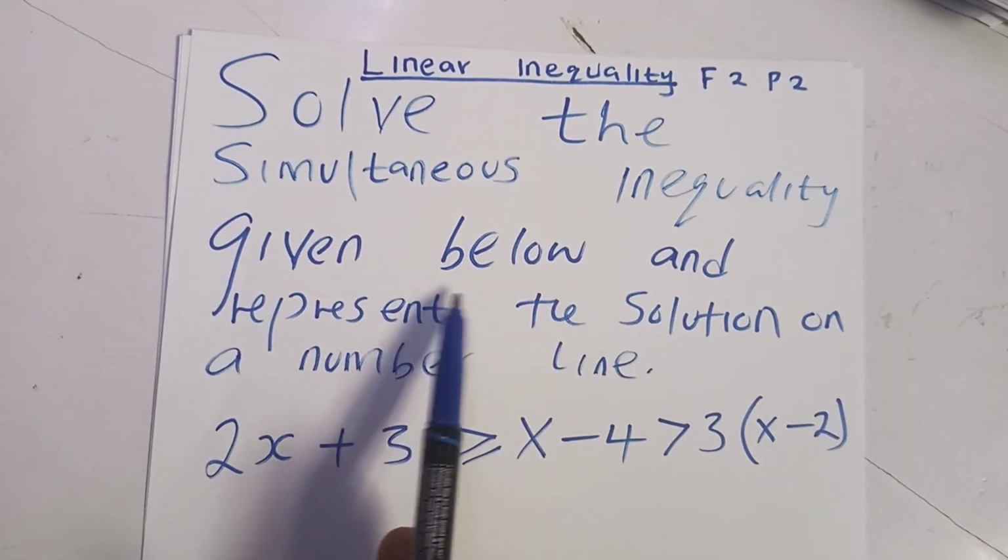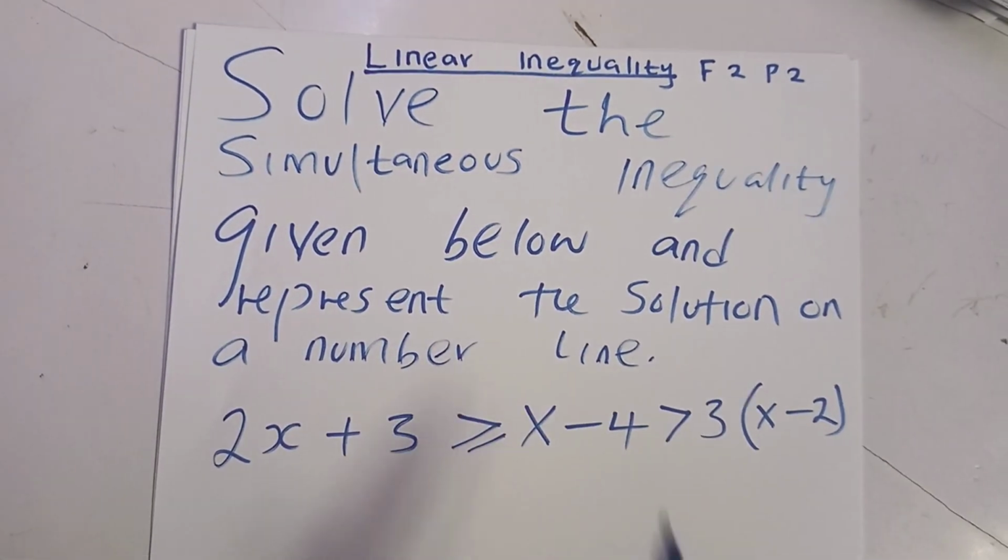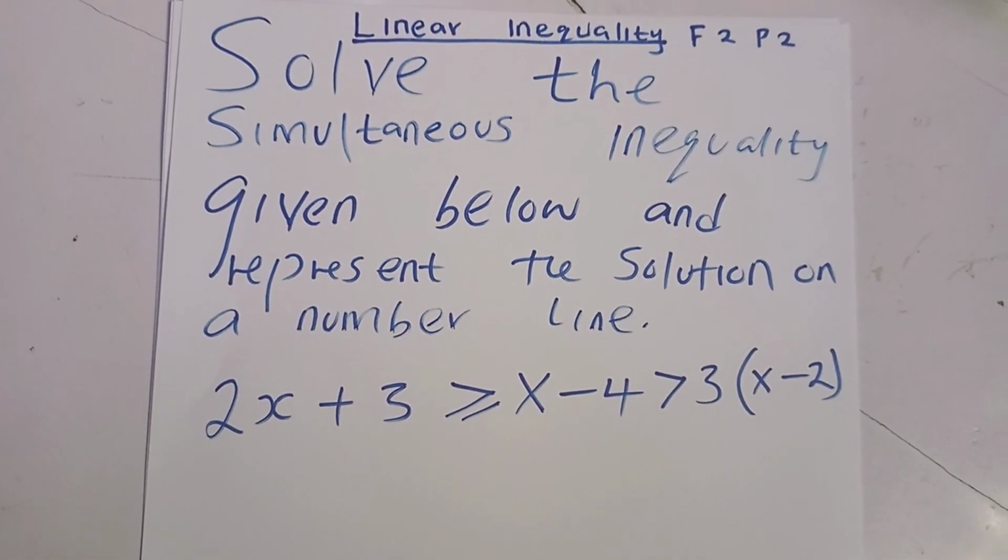It's a part you can always predict will be in any standard Paper 2, meaning in the expected KCSE we expect a question of that magnitude. So enjoy the lesson. Linear inequalities: solve the simultaneous inequalities given and represent the solution on a number line.